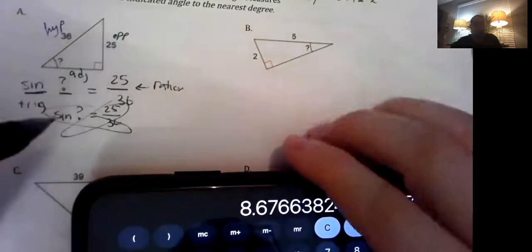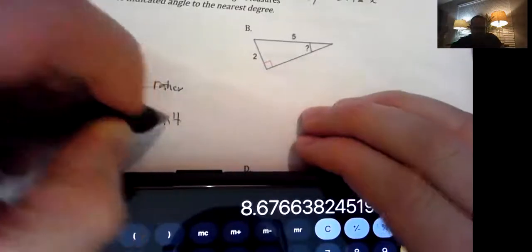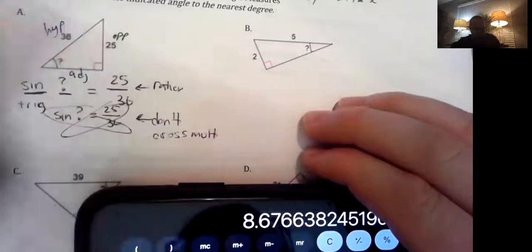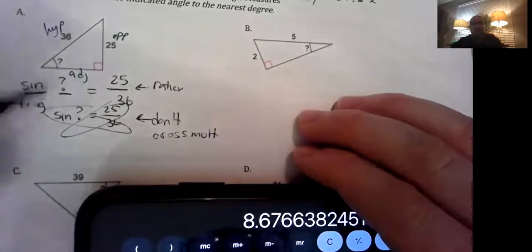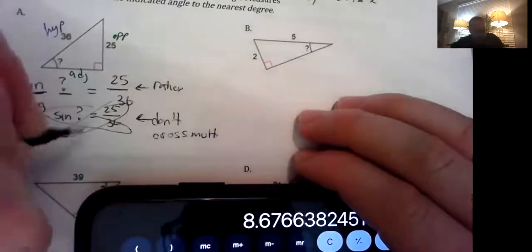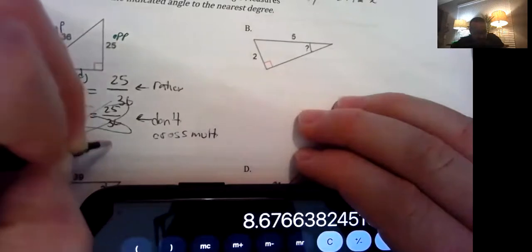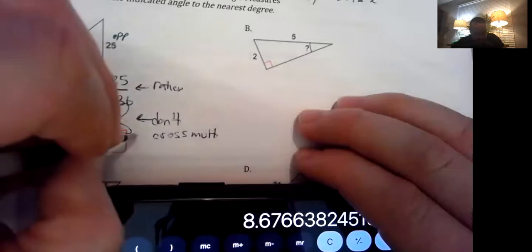All right. So don't cross multiply. But take a look at it this way here. All right. So in order to separate the word sine from the question mark, we have to use a different button on the calculator here. Okay. And it's this right here.